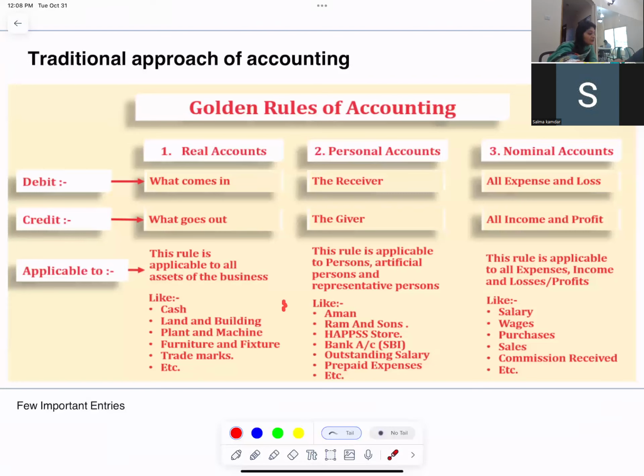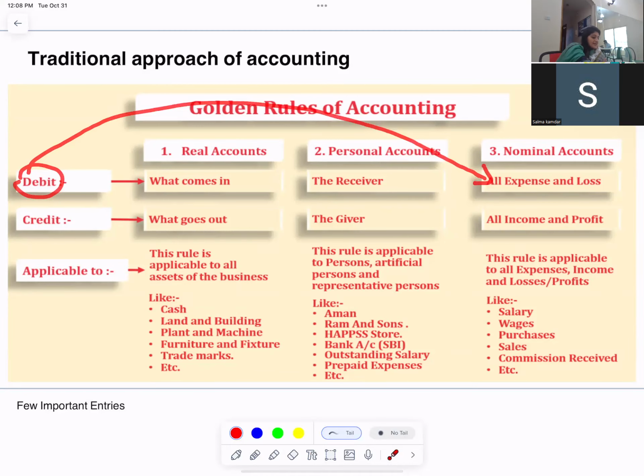Real account follows the rule: debit what comes in, credit what goes out. Nominal account is the account of all your expenses, losses, incomes and gains, like purchases, sales, purchase return, sales return, wages, salary, rent, utility bills and all those things. The golden rule for this is: debit all expenses and losses and credit all incomes and gains.